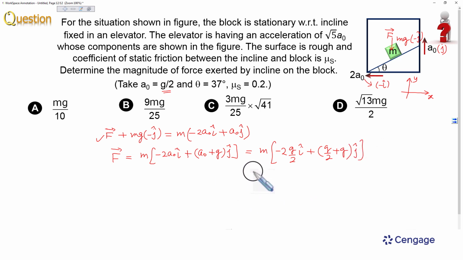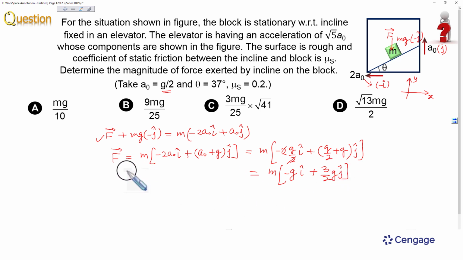The 2 and 2 cancel, so this is m times minus g i cap plus 3 by 2 g j cap.